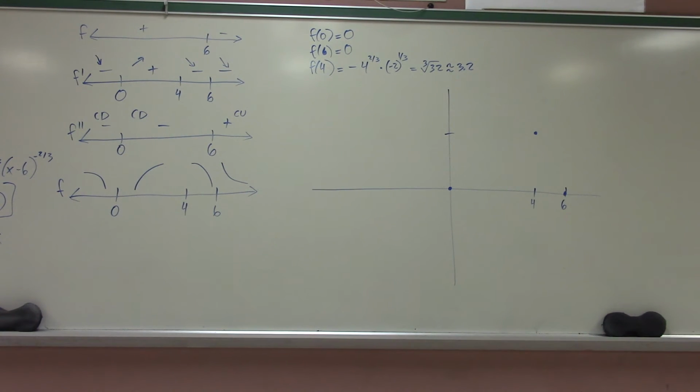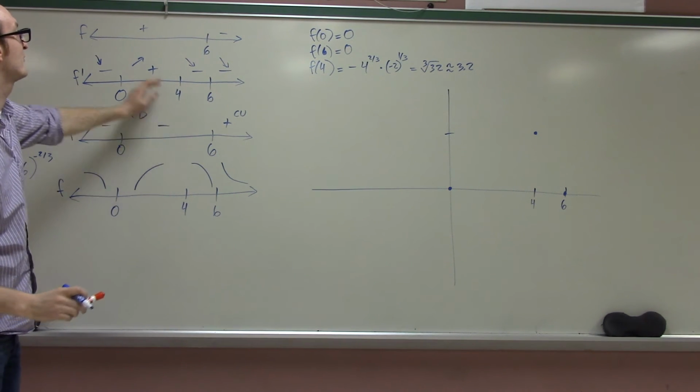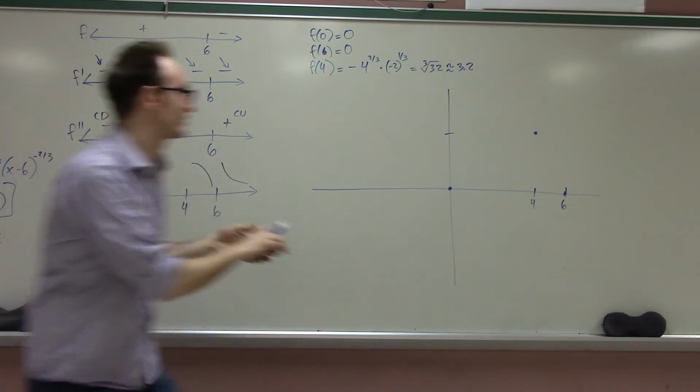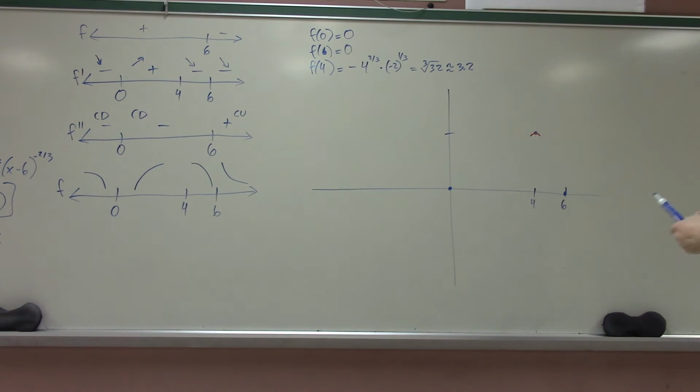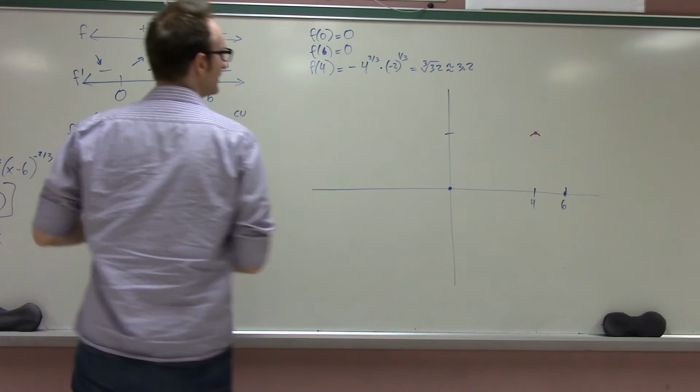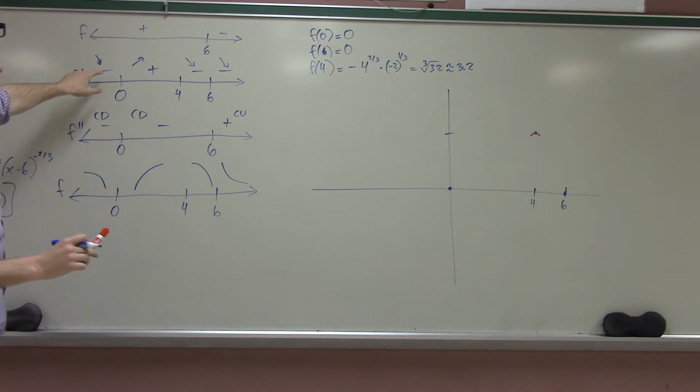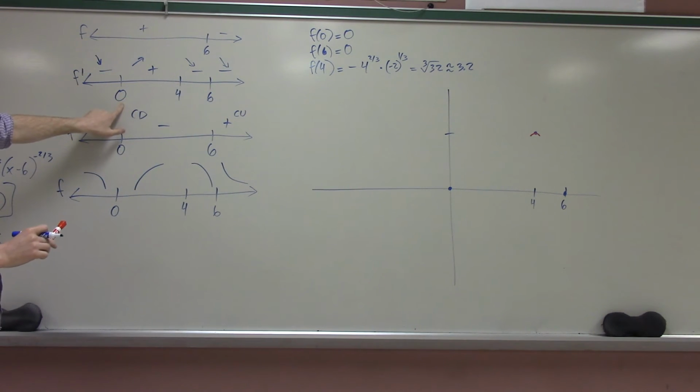Okay, what else do I know about this function? I know something at 4. At 4, the derivative is positive and then negative. So that means there's a relative max at 4. I also know that the derivative is negative and then positive at 0.